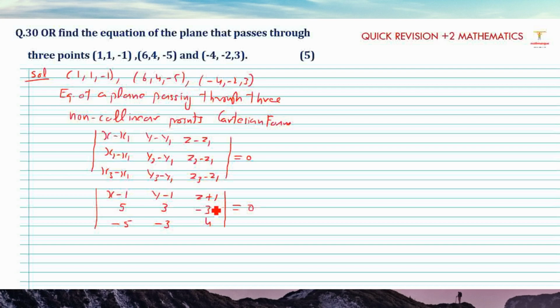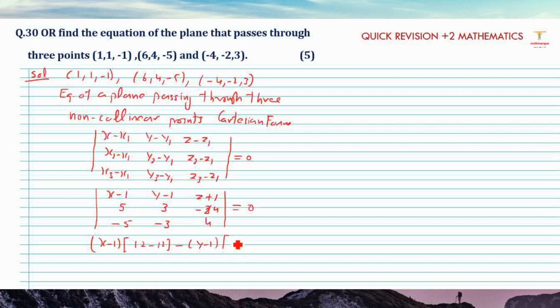So you just simplify it further. Here you get x minus 1, and here 4 times 3 is 12 minus 12. Then y minus 1, 20 minus 20.